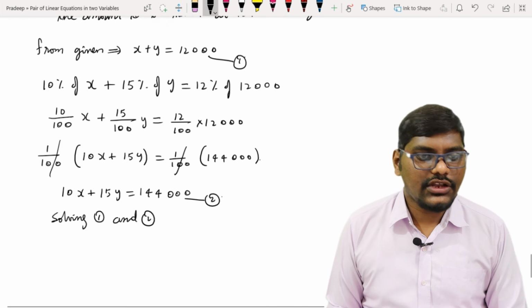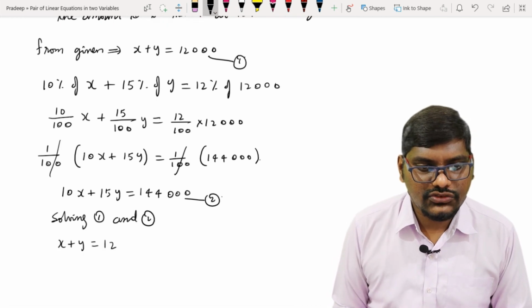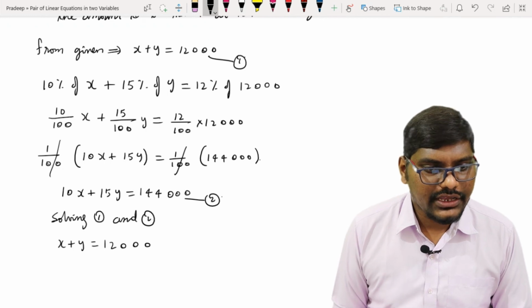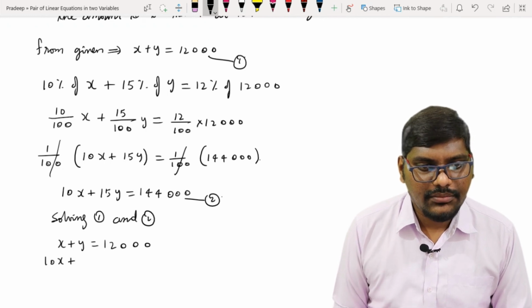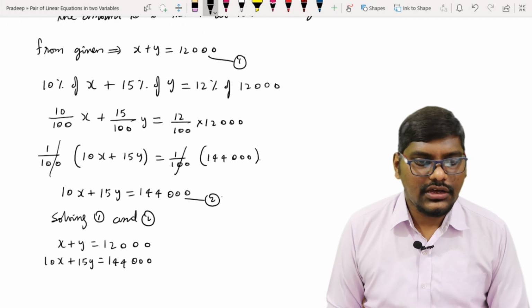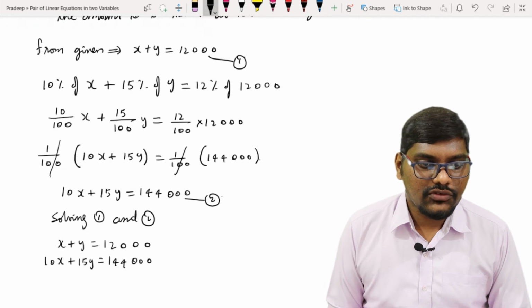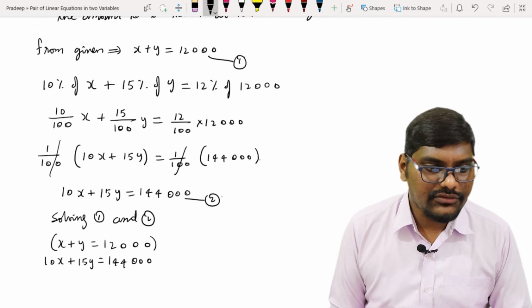Let's write the first equation: x plus y equal to 12,000, and the second equation is 10x plus 15y equal to 144,000. Anyhow, if we have to solve this, at least one element should be the same. So the first equation I'll multiply with 10.